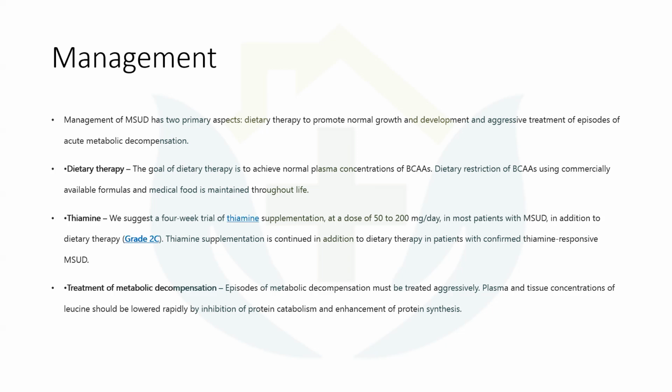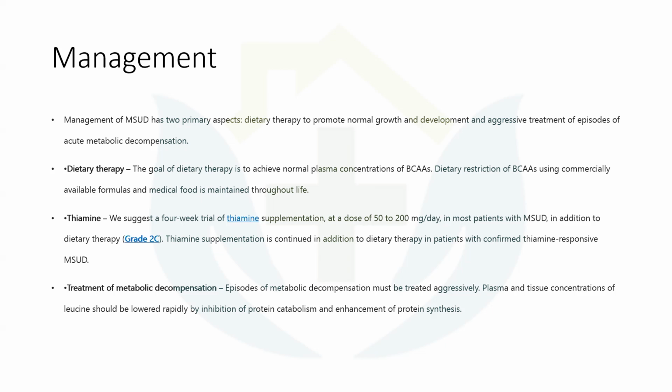And sometimes there is a response to thiamine, so a thiamine trial can be given. In some patients of maple syrup urine disease, if they are thiamine responsive, then it is very good, and we can continue the thiamine therapy along with the dietary therapy.